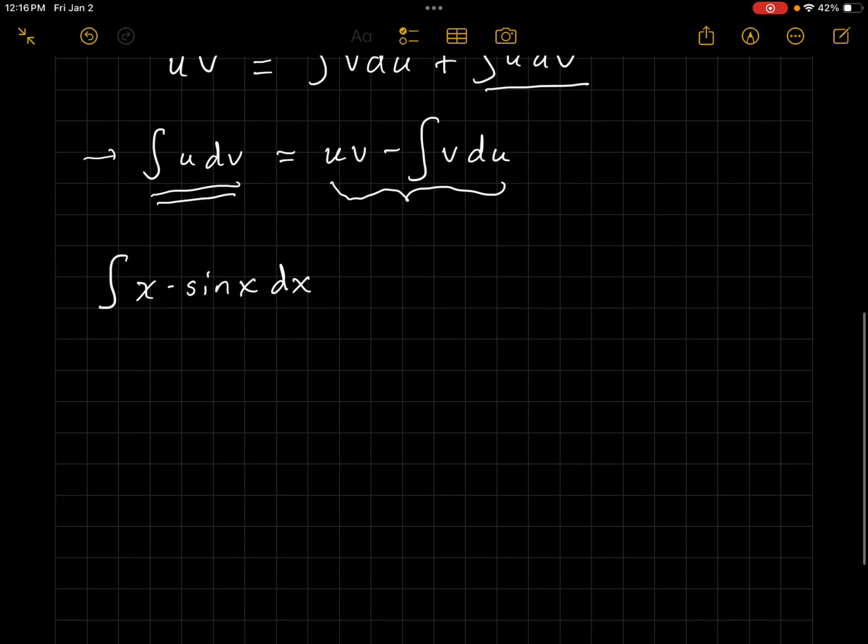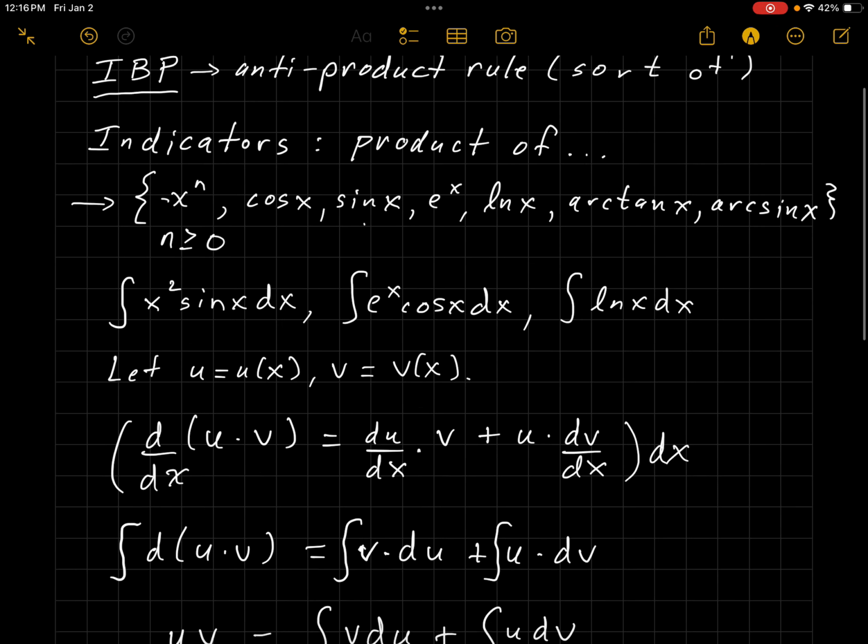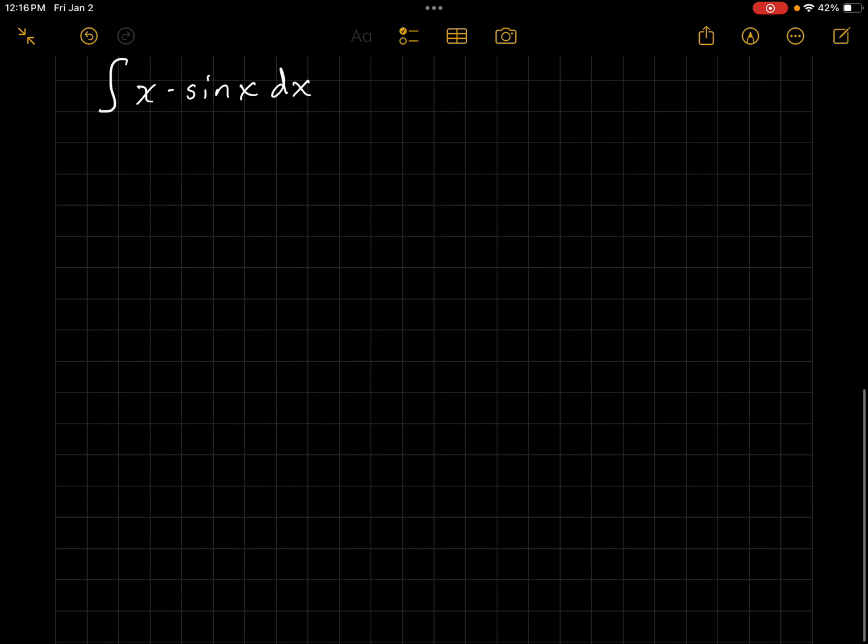But I also have this indicator up here that is a product of x to the n times sine of x. So I know that the integral of u dv is uv minus the integral of v du, where we're given u dv. More specifically, we can choose u, and then whatever's left over will be dv.